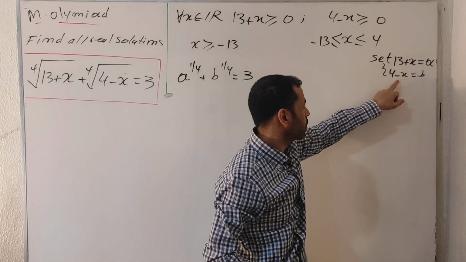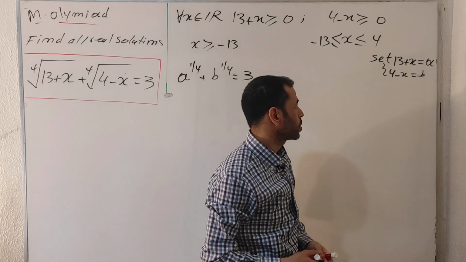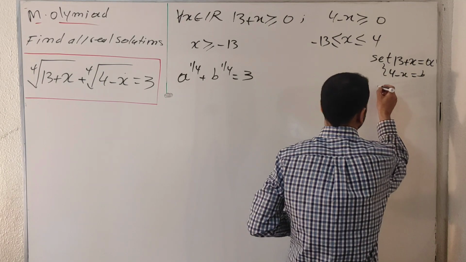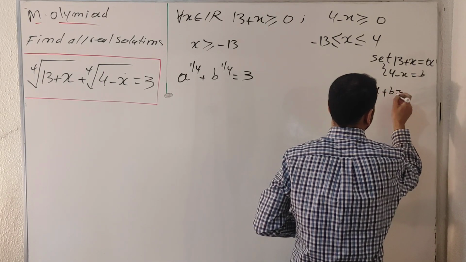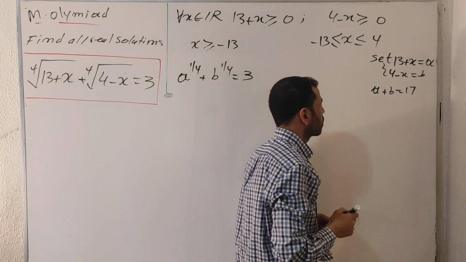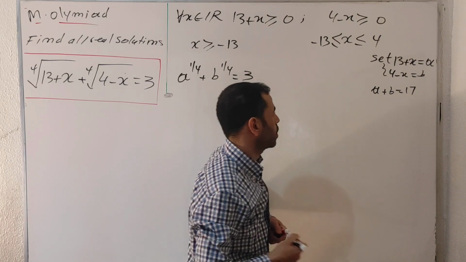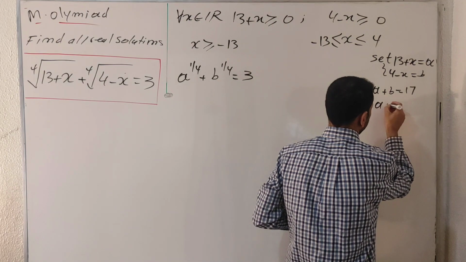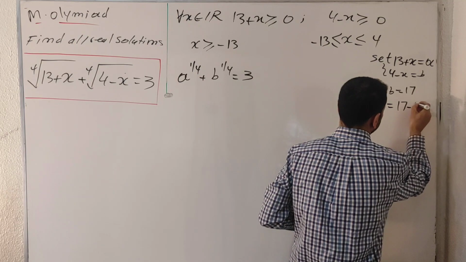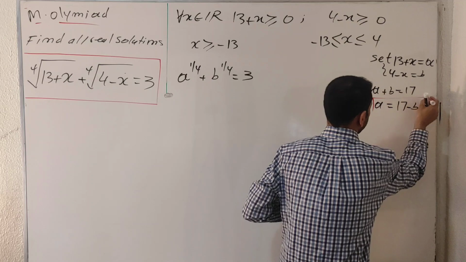So I will have 13 plus 4, which is 17, a plus b equals 17. Then I'm going to move b to the right, and I will have a equals 17 minus b. This is the relationship between a and b.